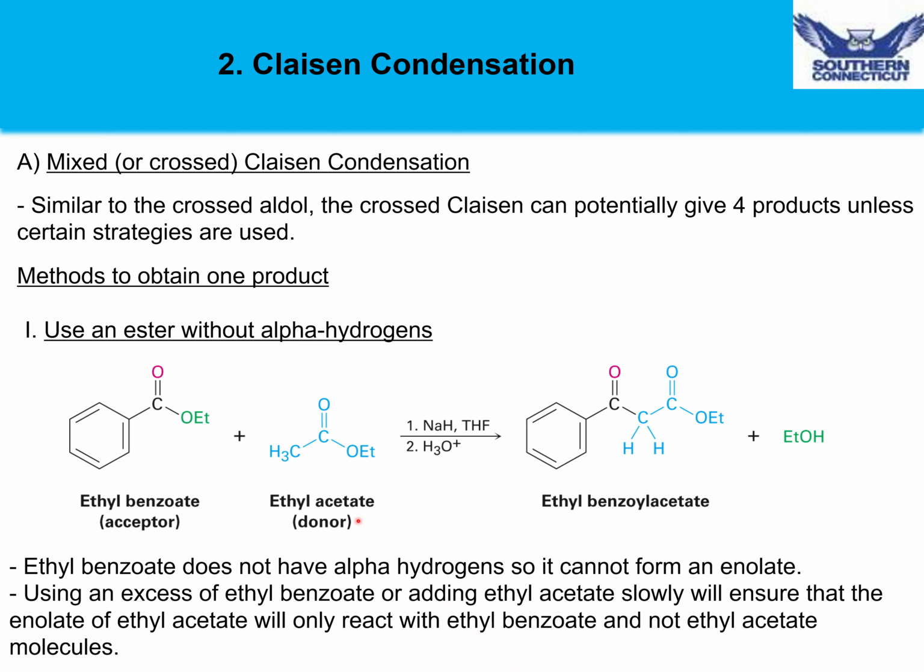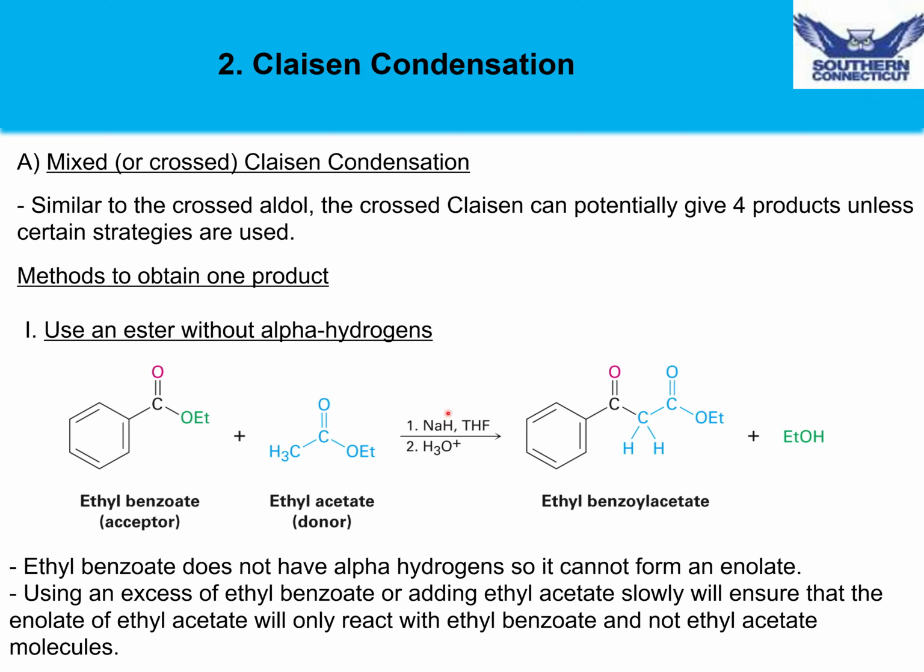And as a result, it will be the acceptor in the reaction or the electrophile in the reaction. Here's an example where that strategy is used. So mixing ethyl acetate and ethyl benzoate plus base should lead to a Claisen reaction where a single product is obtained.